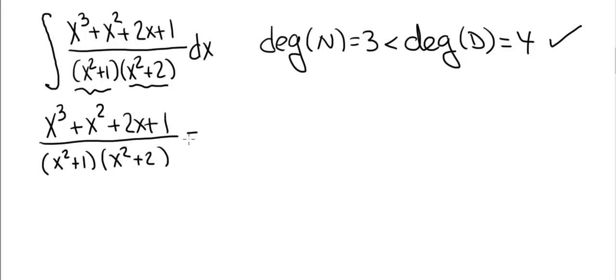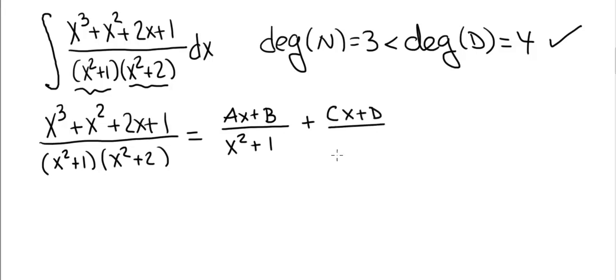Because our two polynomials in the denominator are irreducible quadratics, the way we'll express it is as follows. A linear polynomial of the type ax plus b will go over the first, x squared plus 1, plus another linear polynomial using different constants, cx plus d, goes over the second, which is x squared plus 2.